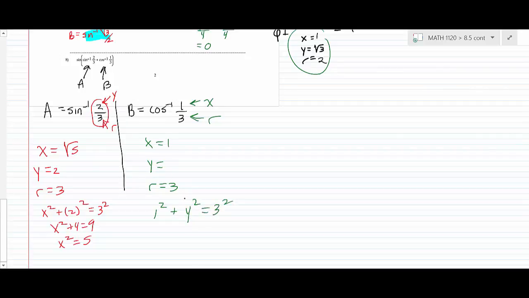That's going to be 1 plus Y squared equals 9. Subtract 1 from both sides, you get Y squared equals 8. Square root both sides, and that breaks up into 4 times 2. So that's going to be 2 root 2. I don't do all that Pythagorean Theorem stuff fast because we've done it so much. Okay, so we got that. Is everybody with me on that?